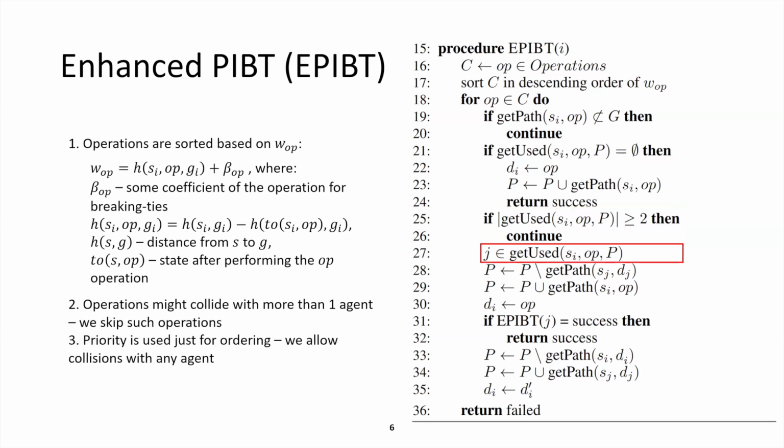And the last thing, which might be counterintuitive, is that we use priorities of the agents only for their initial ordering. We allow agents to have collisions with any agent, even the ones that have higher priorities.